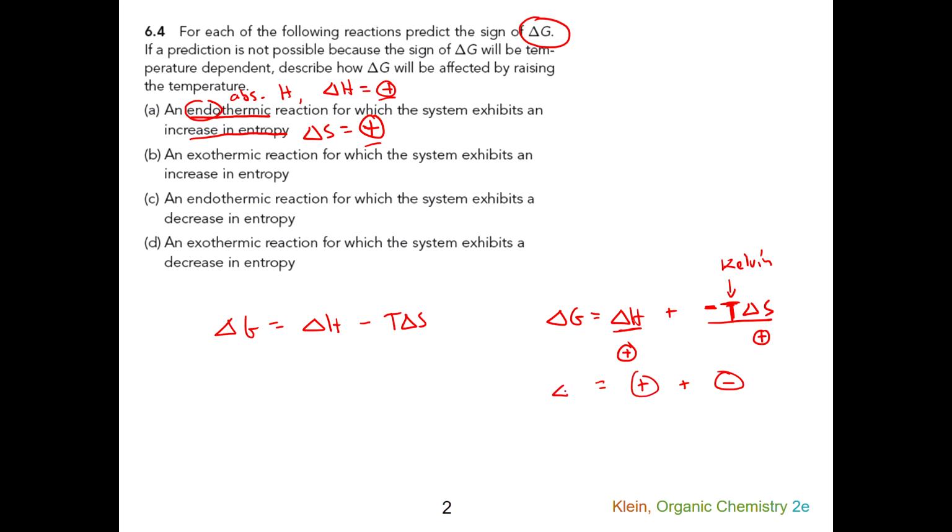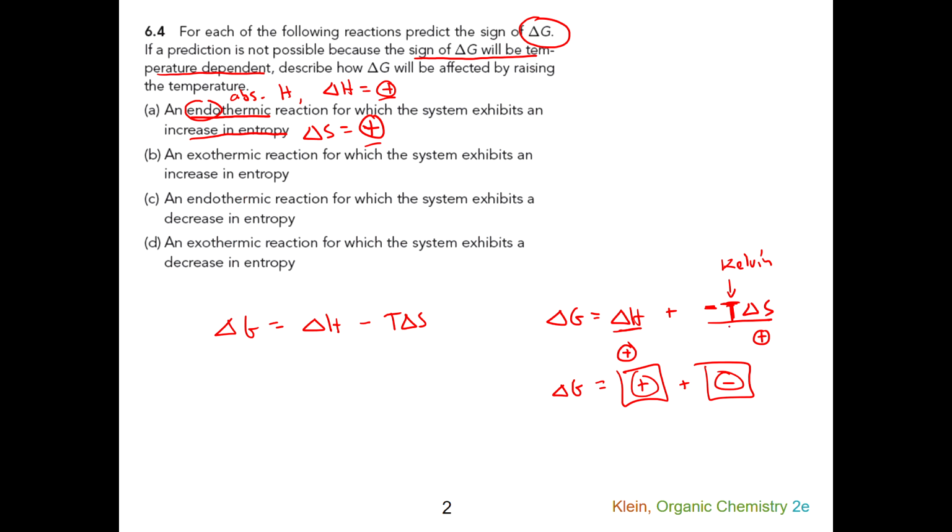So what will the sign be for delta G? Well, it'll depend on which of these values is bigger. Is the positive delta H bigger, or is the negative value for T delta S bigger? I don't know, it depends on the specific numbers, obviously. So in this case, I end up with the sign for delta G being dependent on the temperature.